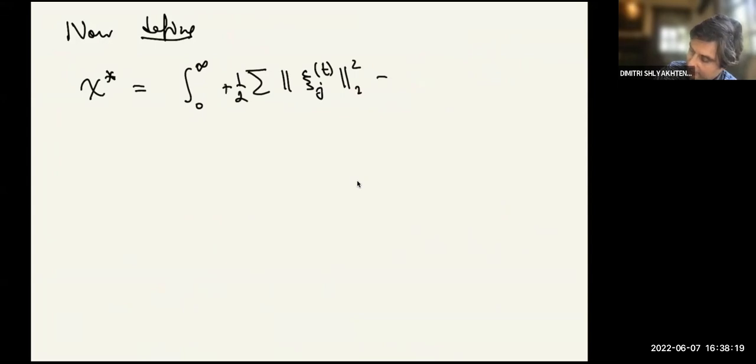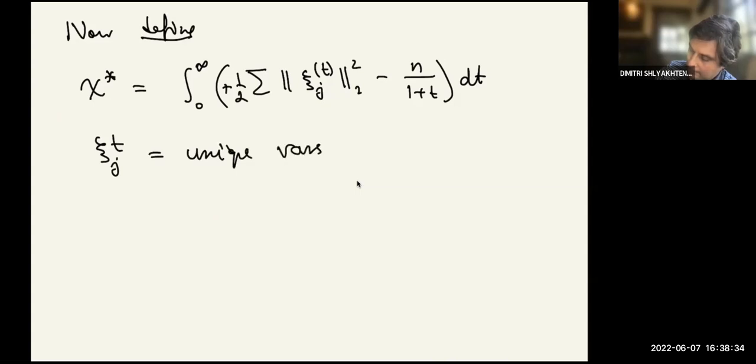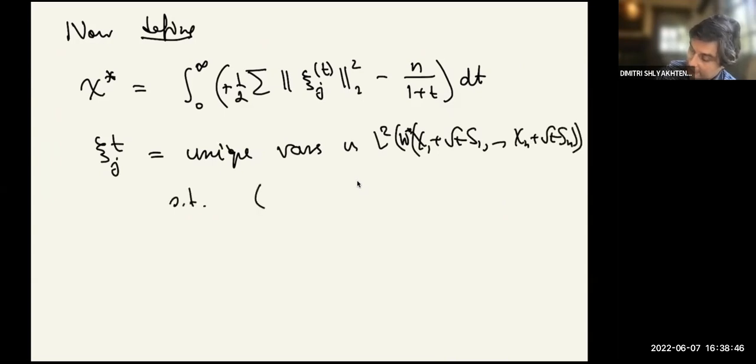Let's put a plus here, but minus n over 1 plus t, dt, where Cjt are unique variables in L2 of the von Neumann algebra generated by x1 plus root t s1, ..., xn plus root t sn, such that this star holds.